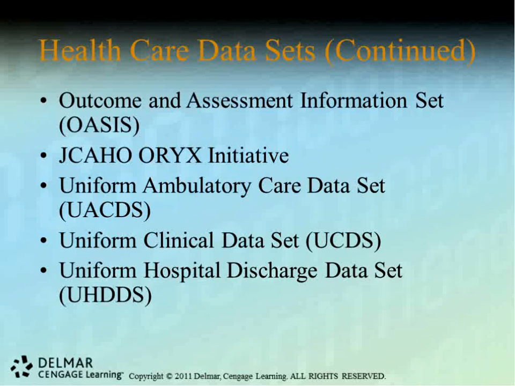In your book, table 8.3 on page 253 lists all these data sets that I just indicated. It tells you the healthcare setting that you're going to find each one in. So like DEEDS, it tells you the emergency department. HEDIS, it tells you it's for managed care organizations, MCOs.